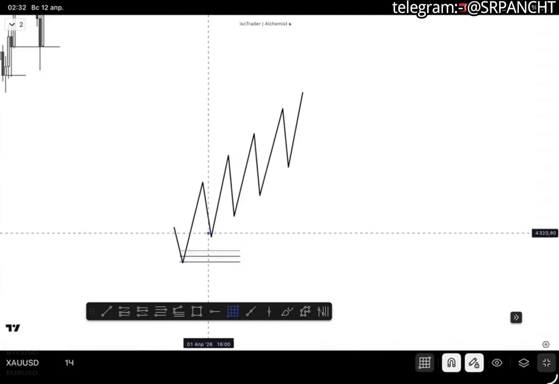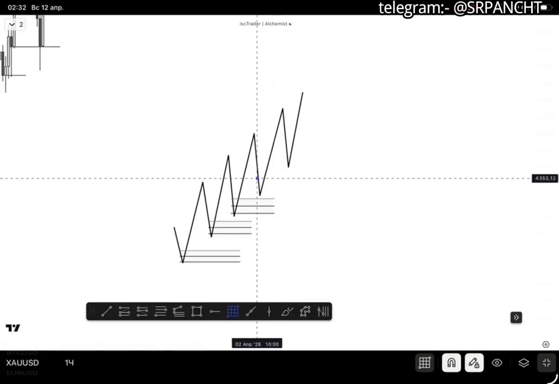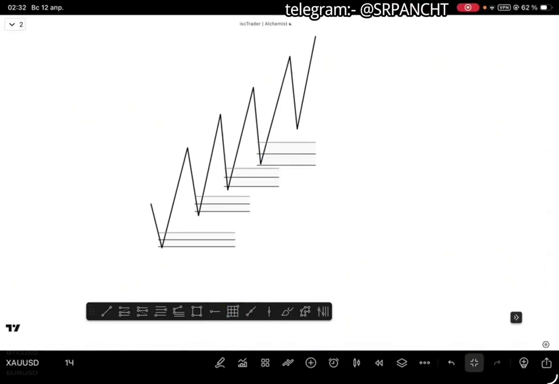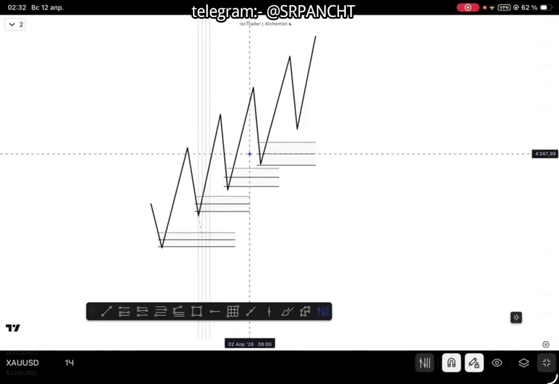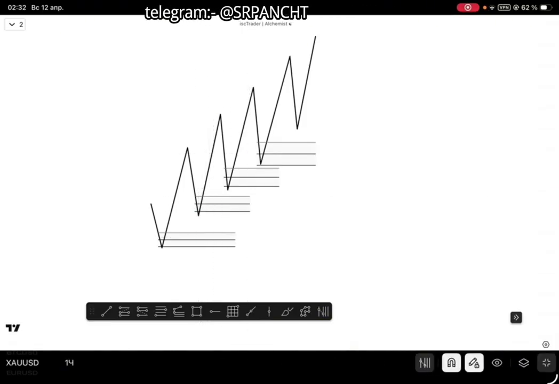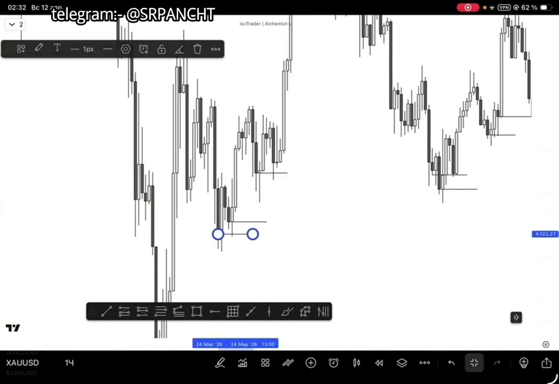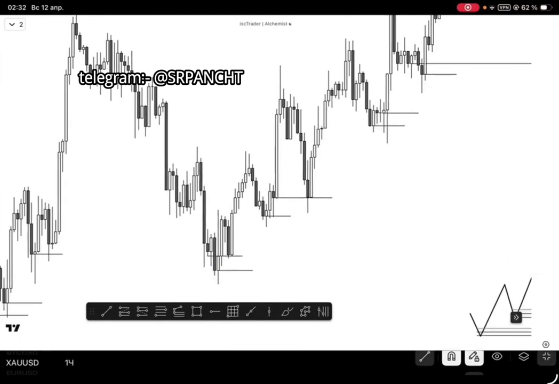Support zone, support zone. The market can move like that. It hits the support and goes. It's the same here, support zone after support zone.